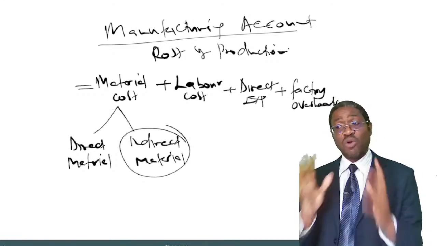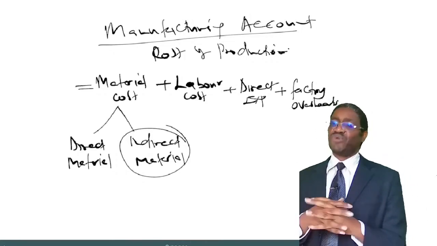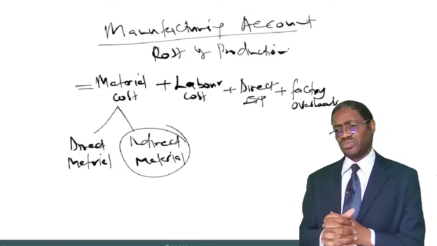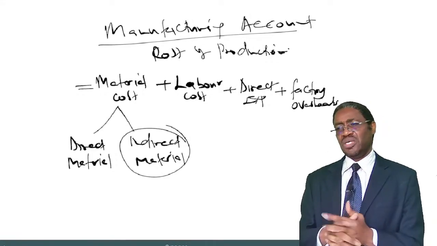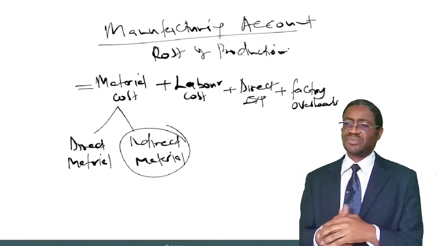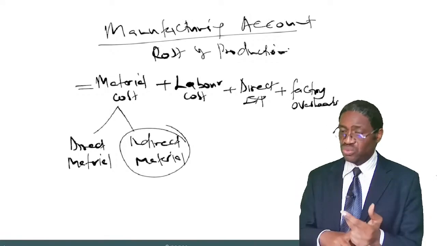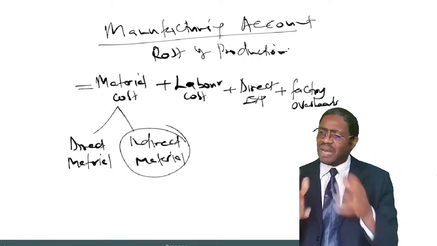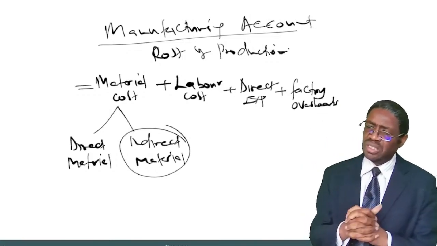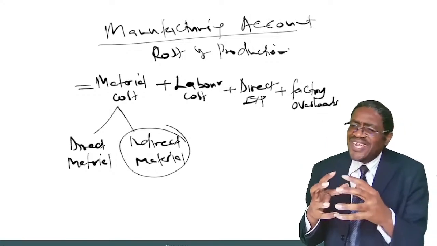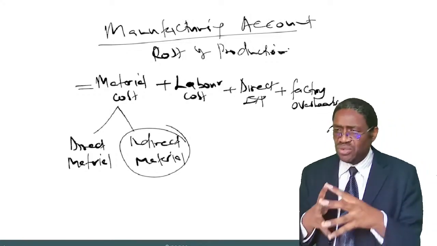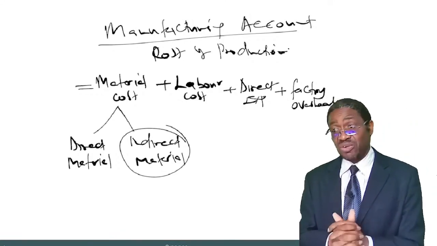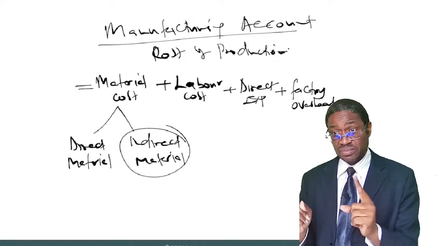Take, for example, you are manufacturing tables. You need a hammer. You need a saw to cut the timber. These are materials you need, but they cannot be identified in the final product, yet you need them.